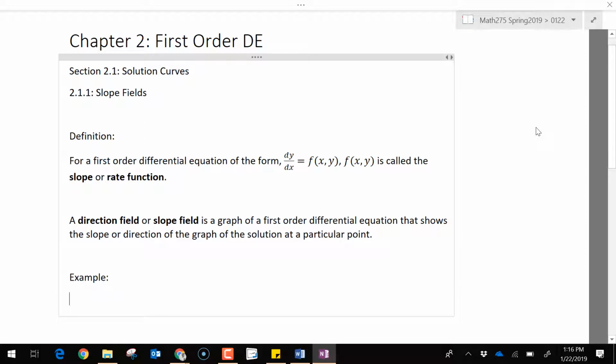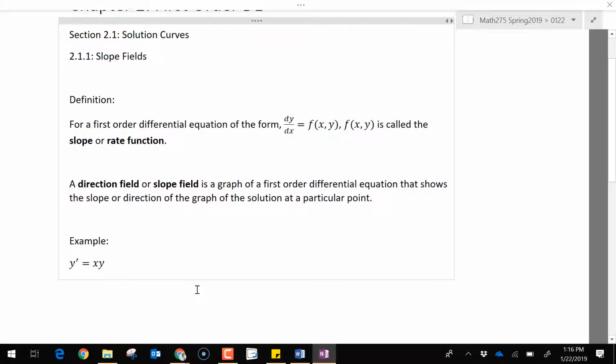Maybe y prime is equal to x times y. Okay, so you have y prime is equal to something, so this is a slope function.